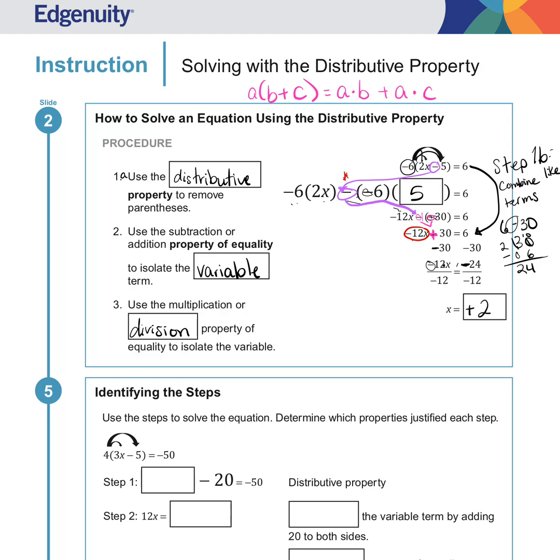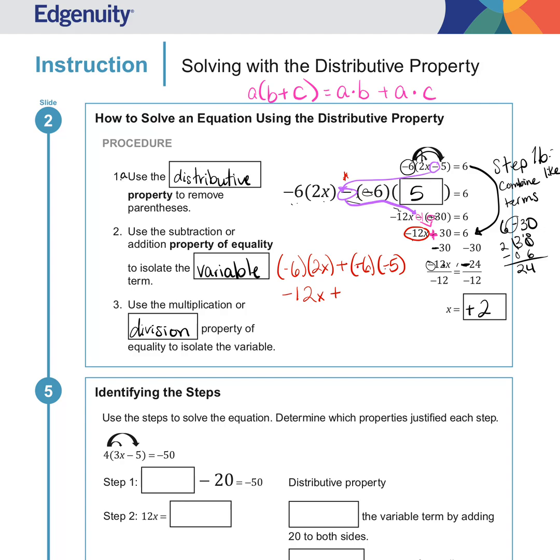Now, remember what I said about this negative sign up here? Put a little star. So if I did my regular distributive, that would have been negative 6, 2x. I would have just kept my plus, and it would have been negative 6 times negative 5. Well, that's still going to give me negative 12x. It's going to give me my plus, but now I'm getting rid of that negative negative, which is a positive, right?